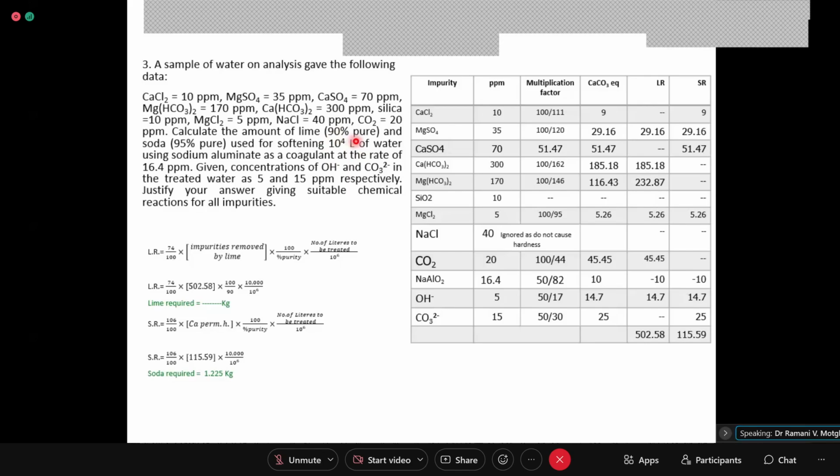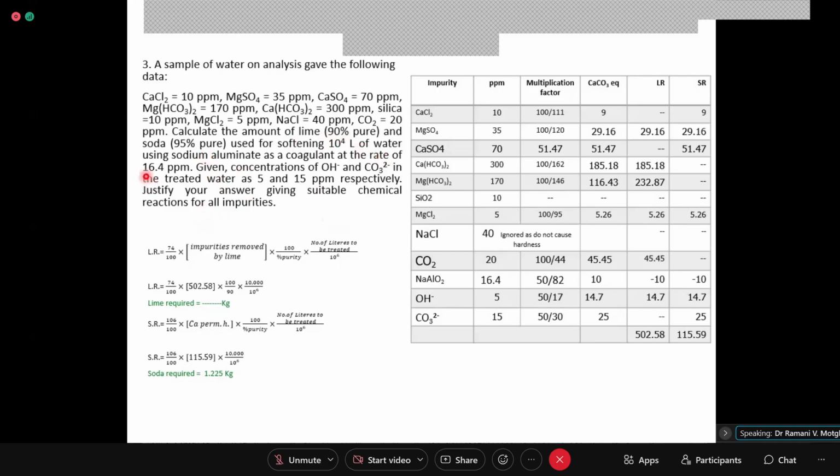Okay, 10 to the power 4 means 10,000 liters of water. And for this treatment, sodium aluminate was used as coagulant. So this is again the sodium aluminate. We have not covered any numerical with ferrous sulfate and alum. Anyway, next I will put that.